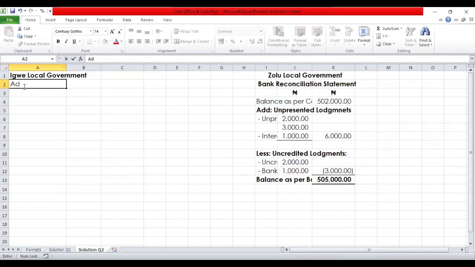Adjusted cash book. Here we have debit. Here we have what? Credit.